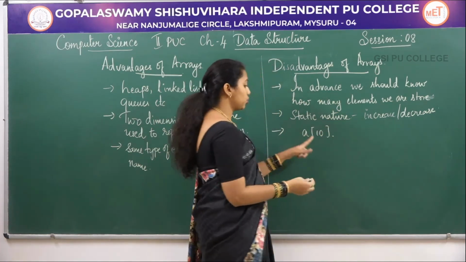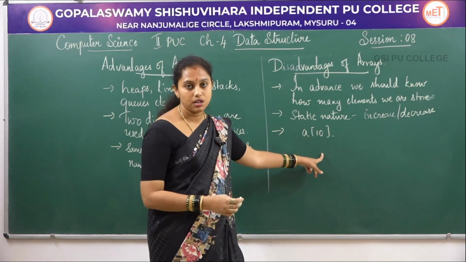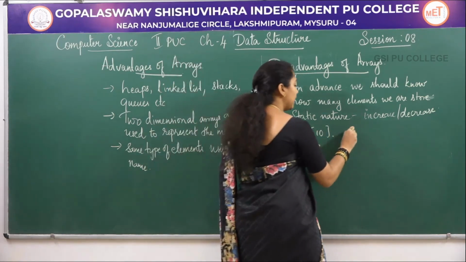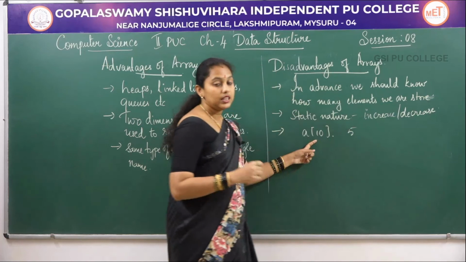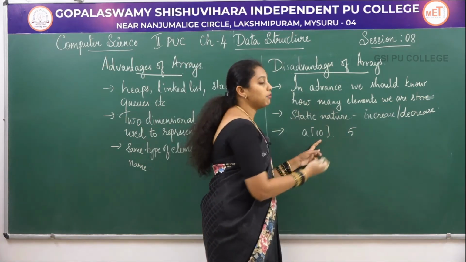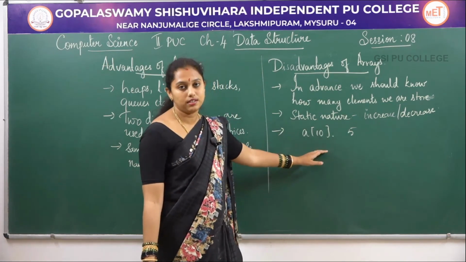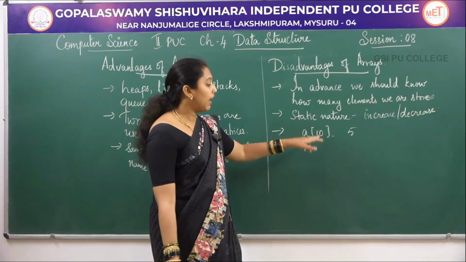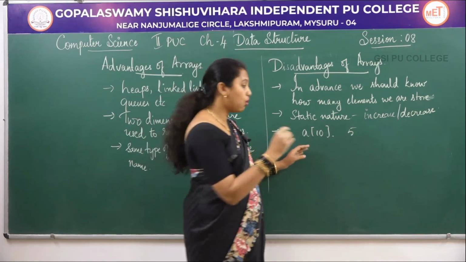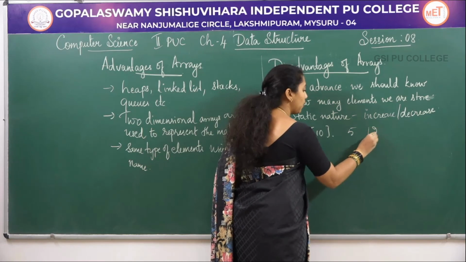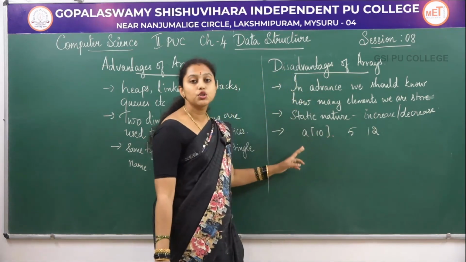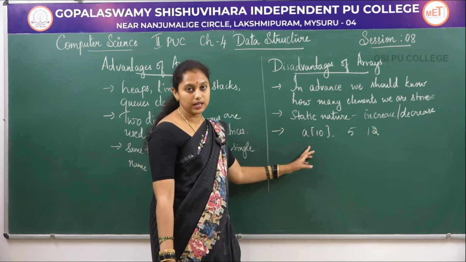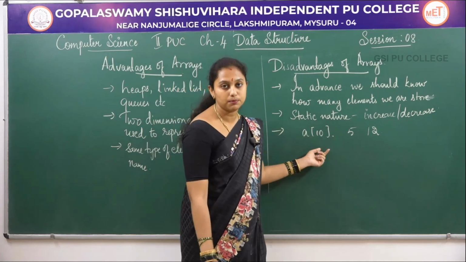Here I can store only 10 elements. If I store only 5 elements in the array, then the other 5 memory locations get wasted. And if I want to store more than 10 elements, like 12, then I cannot store them in the array. It will create a problem.